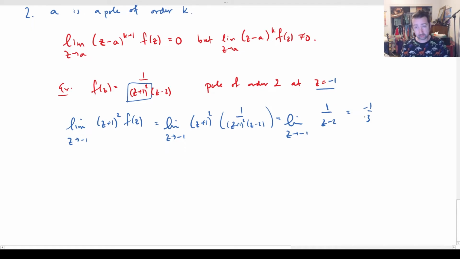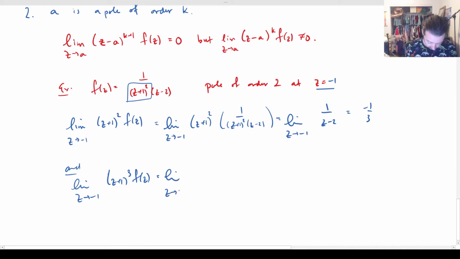And by itself, that's not enough to check that we have a pole of that order. So we should check to see that the next power of z gives us a 0. The limit as z goes to minus 1 of (z plus 1) cubed f of z is equal to the limit as z goes to minus 1 of (z plus 1) over (z minus 2), which is equal to 0.